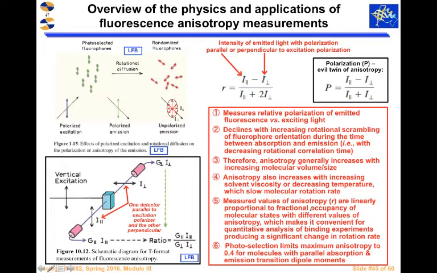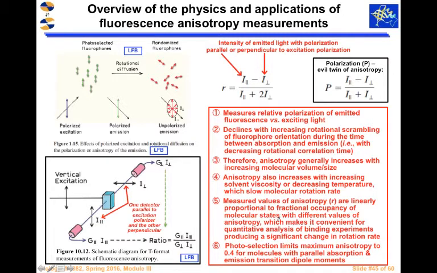Critically, the anisotropy values will be linearly proportional to the fractional occupancy of molecular states with different values of anisotropy. And so it's population proportional. That makes it the measure you want to use, because typically in biophysics you want to know what fraction of your population is in which state, bound versus unbound, and therefore anisotropy is the numerically most effective and convenient variable.